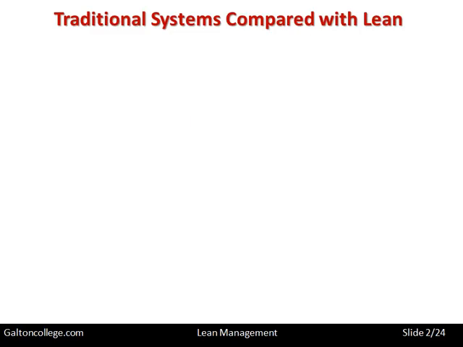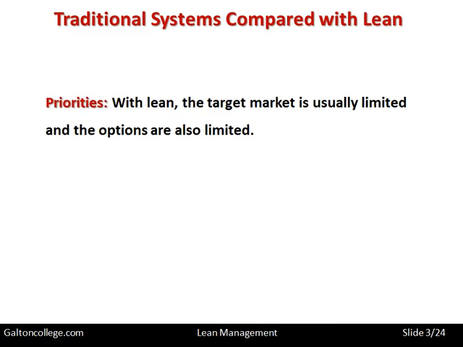First of all, let's look at traditional systems and compare these with the lean approach to management. So there are, in a sense, two approaches. One is the traditional approach to management, and the other is the lean one. Now, the priorities. Well, with lean, the target market is usually limited, and the options are also limited.